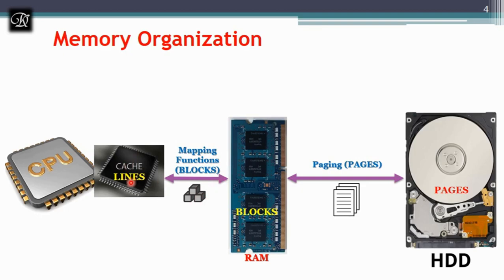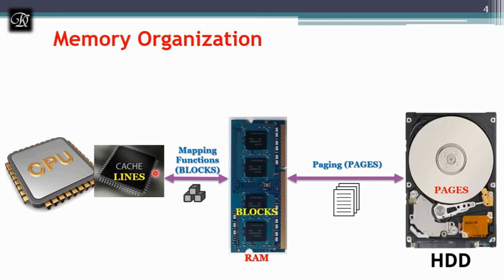Of course, the highly used and recently used will be there in the cache. But what if all the 10 blocks are filled, and now I need a block residing in the main memory to be brought from RAM to cache? Who is going to decide which block to be replaced?